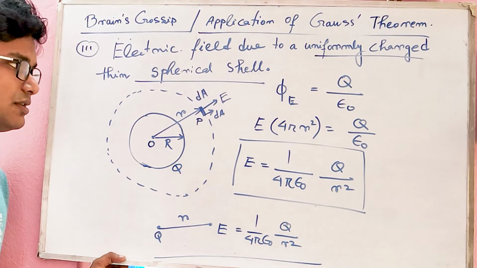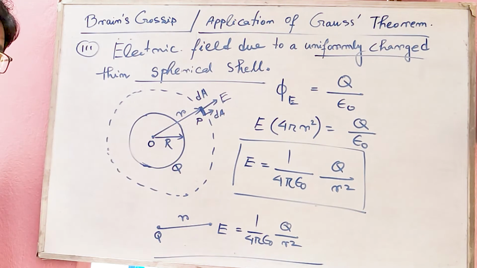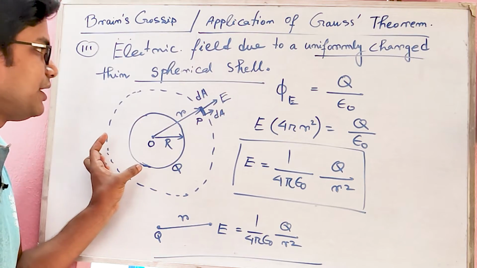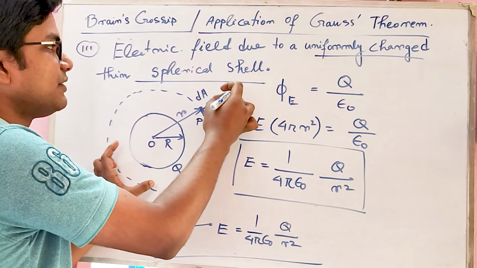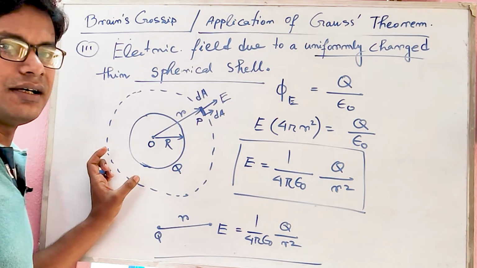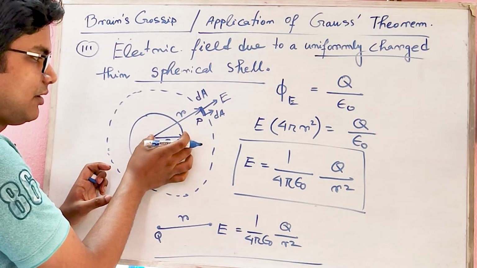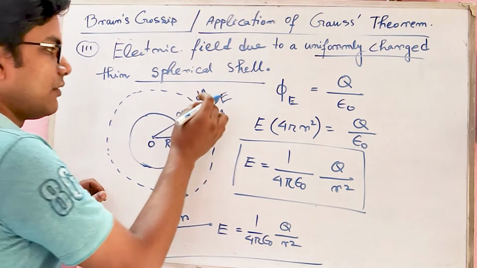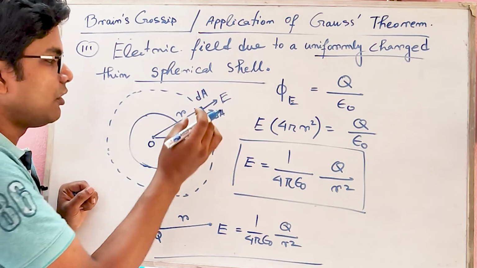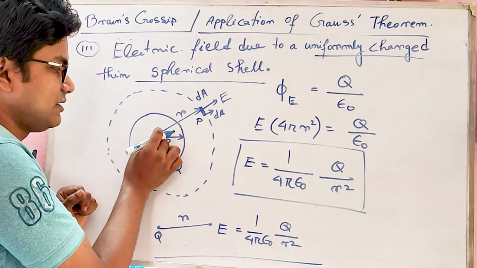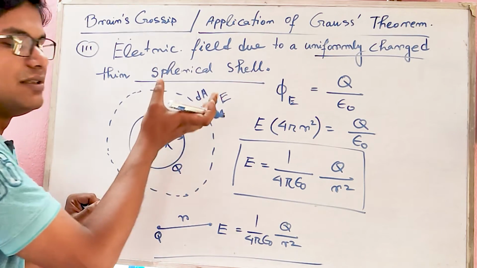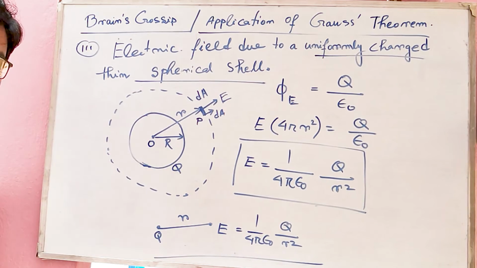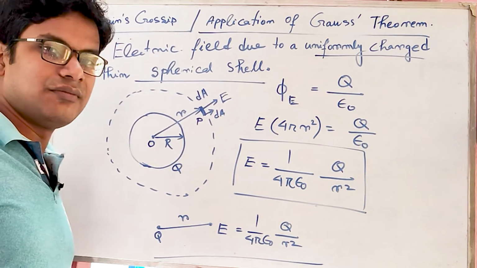So this is the conclusion of this discussion: for a point outside the spherical cell, it doesn't matter what the radius of the cell is. From the point of view of this point P, the total charge is just a point. I can consider the total charge to be a point instead of a spherical cell of radius capital R. So this is quite interesting.